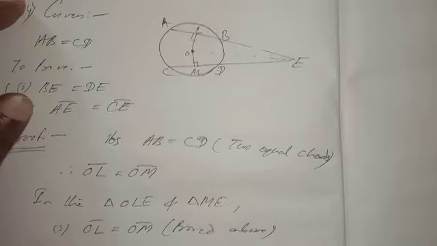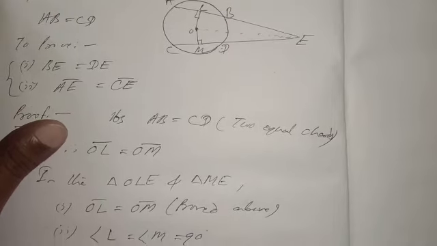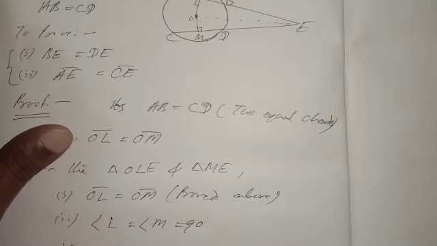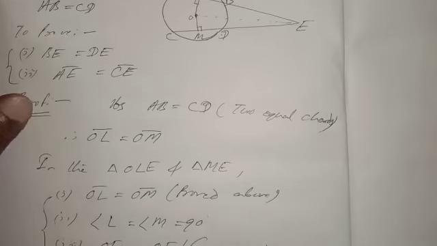The second part, angle L is equal to angle M is equal to 90 degrees. It is given in the question. And the third part, OE is equal to OE, common. Between the two triangles, OE is common.